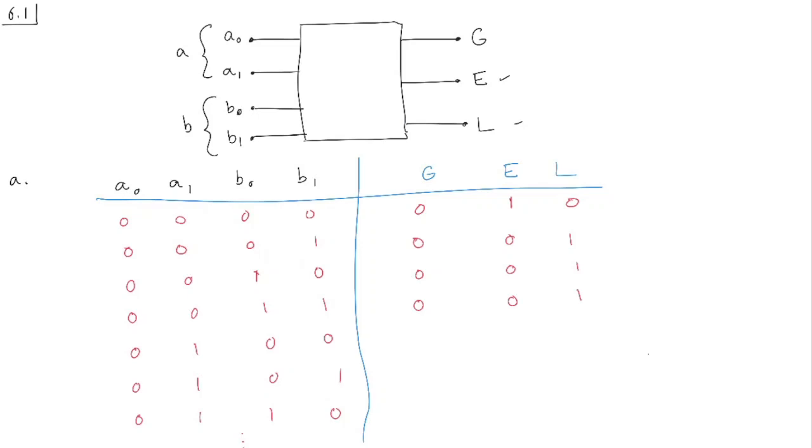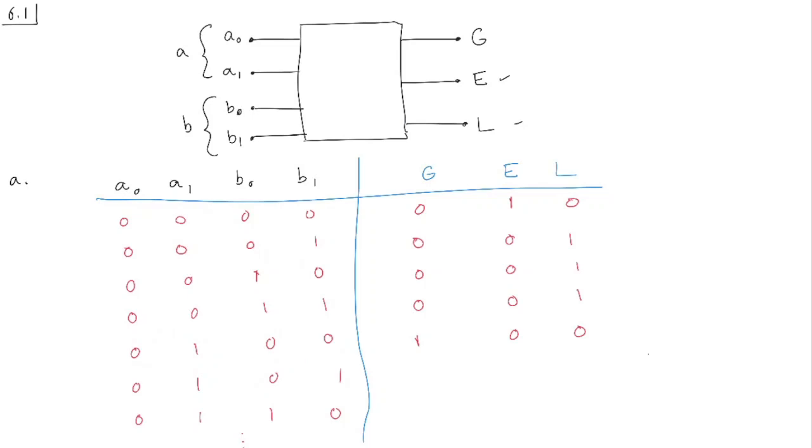Now in the fifth case, A is 1 and B is 0, which means that A is greater than B. So we have 1 0 0. Then if you look at the next one, A is 1 and B is also 1.